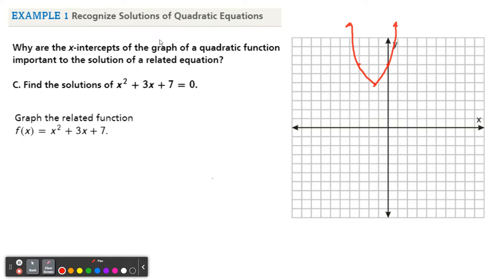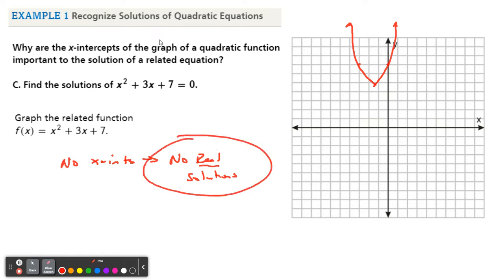Therefore, this graph has no x-intercepts. And if it has no x-intercepts, then it has what we call no real solutions. This idea of real is something that's beyond you guys, but again, because there are no x-intercepts, there are no real solutions to this equation. When you get into Algebra 2, you might talk about what are called imaginary solutions.